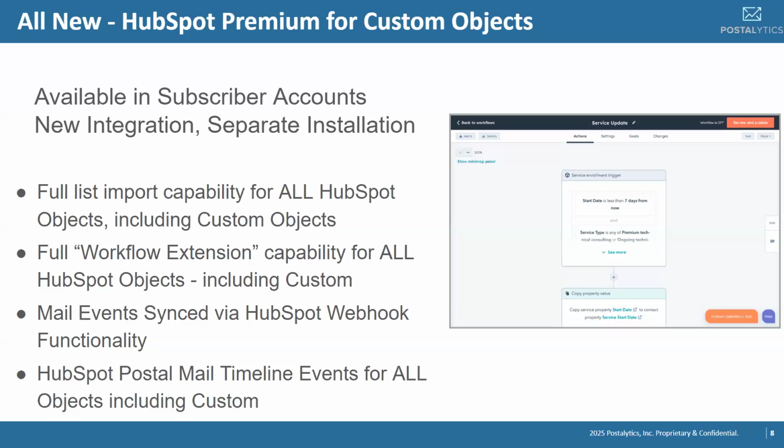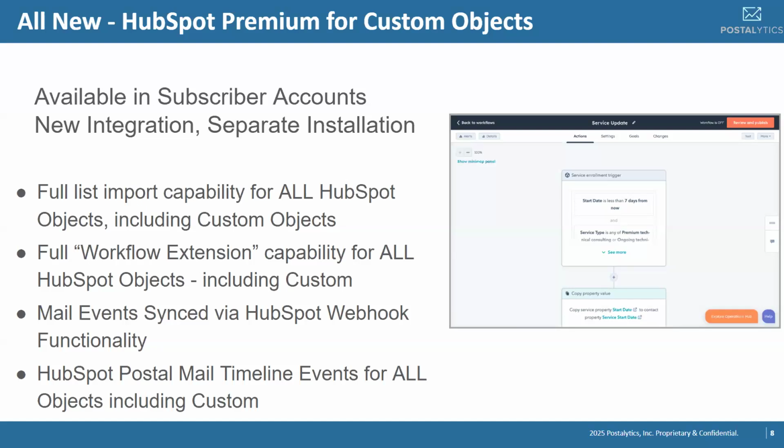With that growth of custom objects, we're seeing an explosion of capability and customization that both customers are doing directly, and also what some of our HubSpot solution partners are doing using these custom objects.